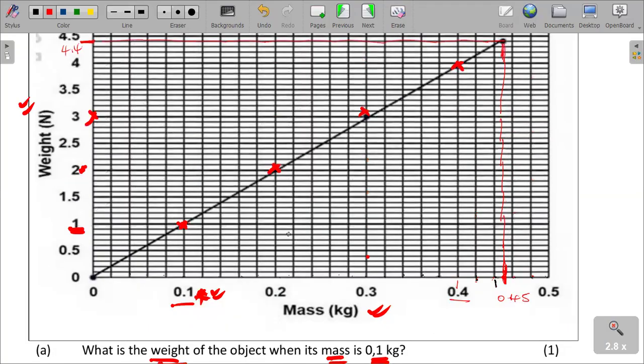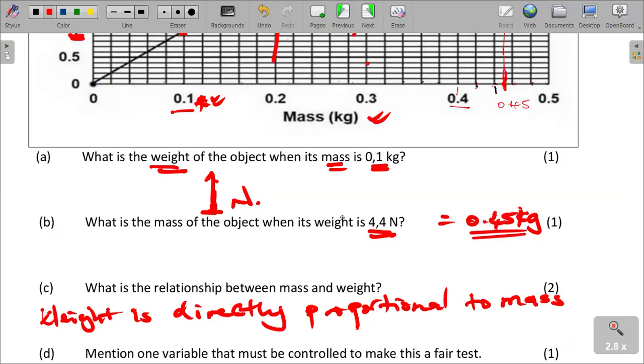That is what we are seeing here, in terms of this graph. As one increases, the other one also directly increases. So there is a direct relationship. Weight is directly proportional to mass, or we can also say as mass increases, weight increases as well.